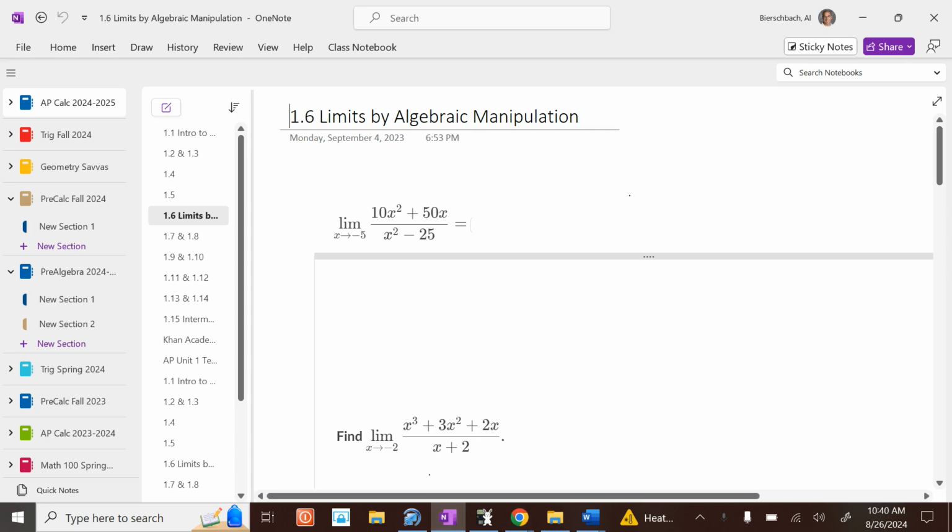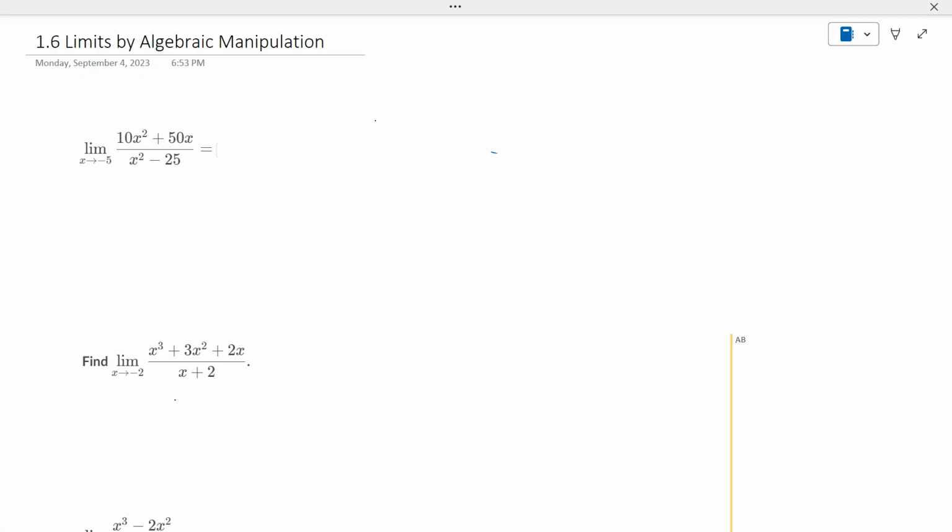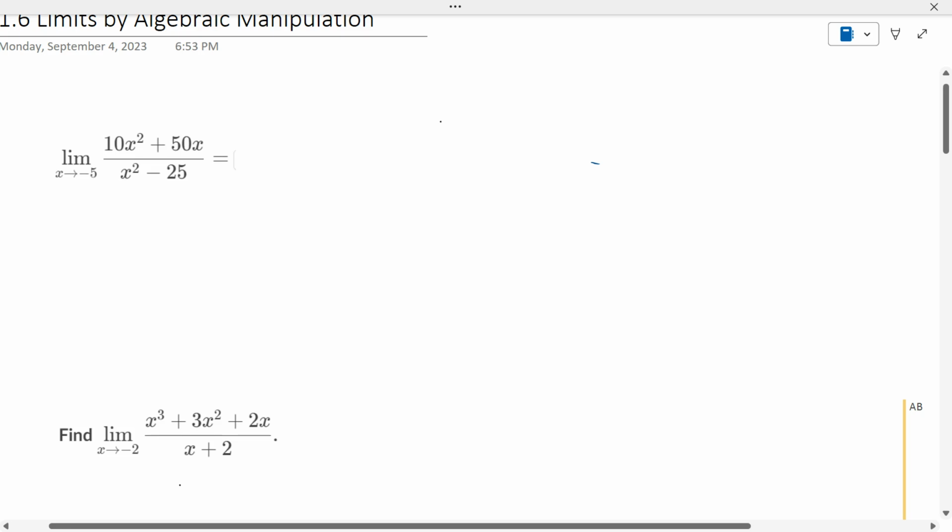So here we go. Okay, now we're going to do limits. And what's going to happen on the bottom if I stick in a -5? I'm going to get 0 on the bottom. What's going to happen on the top if I put a -5 in?